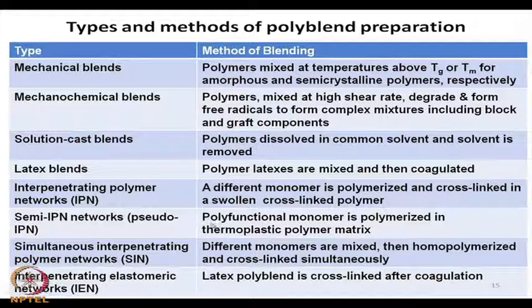In this case, we have to consider a different kind of monomer whose functionality is more than 2, that is polyfunctional monomer. So, for example, glycerol. Glycerol is a trifunctional monomer.